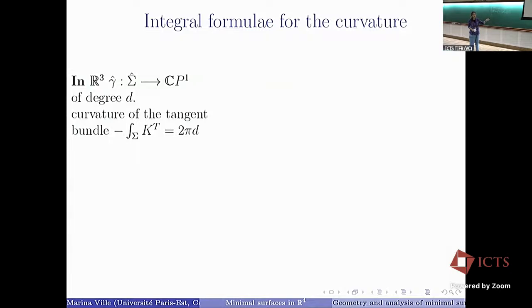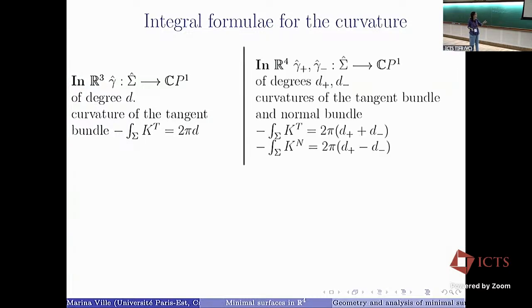The degree gives us the integral of the curvature, and in R^4 we have a tangent bundle and a normal bundle, which is another really nice feature about R^4, that we have these two complex line bundles.